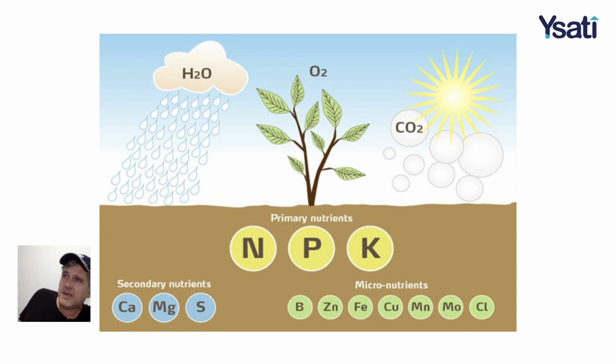And I can tell you that for those who are not familiar with the fertilizers and the nutrients that all plants need, they need nitrogen, phosphorus, and potassium. These are the main macronutrients. There are other very important nutrients, like secondary nutrients and the micronutrients.